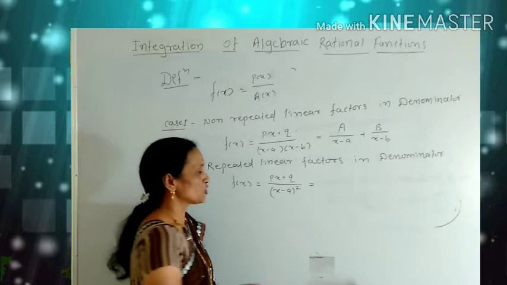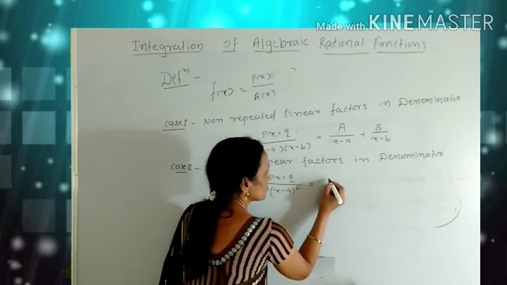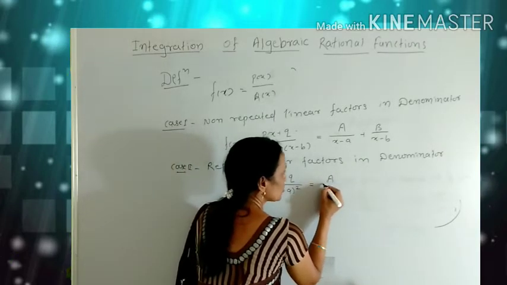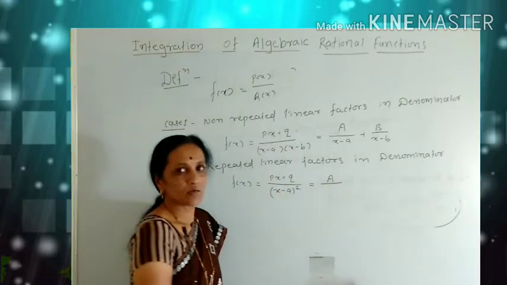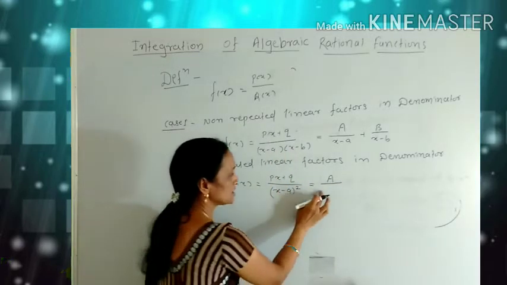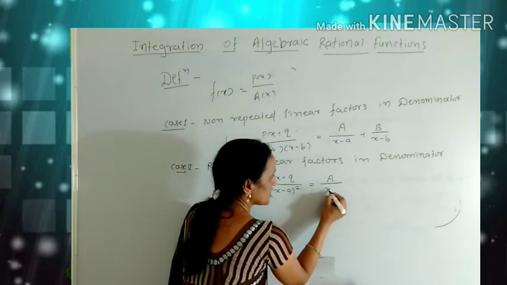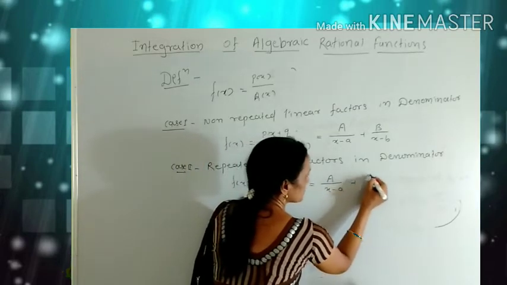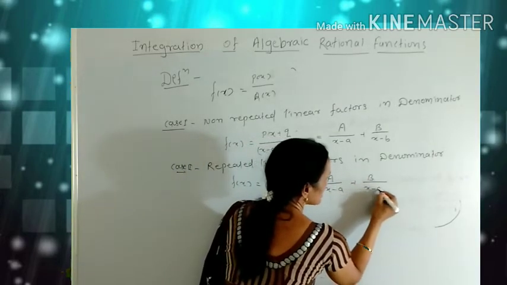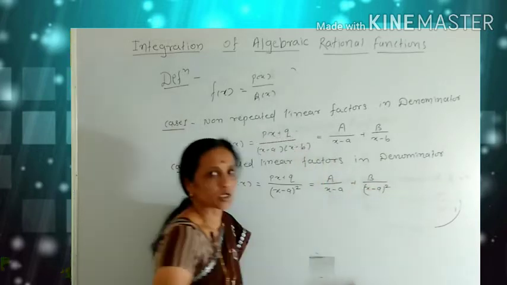So, the decomposition is in this way. In this case also we consider 2 unknown constants A and B, and we arrange them in the form A / (x - a) + B / (x - a)^2.